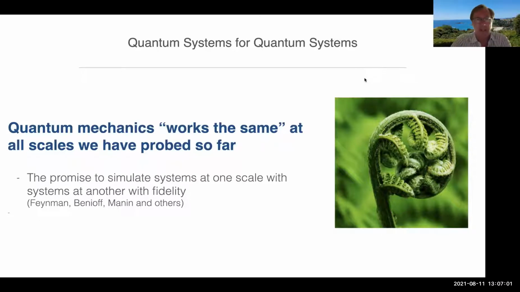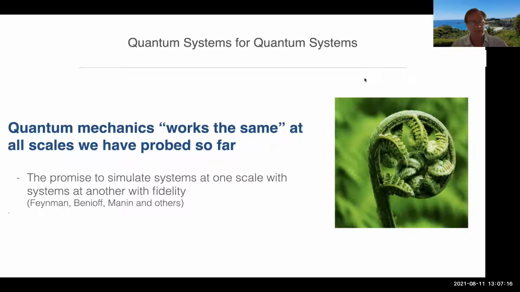And so why quantum simulation is in fact a remarkable tool in this regard is because quantum mechanics works the same over an enormous range of length scales. All of the length scales that we've tested, quantum mechanics is the same.